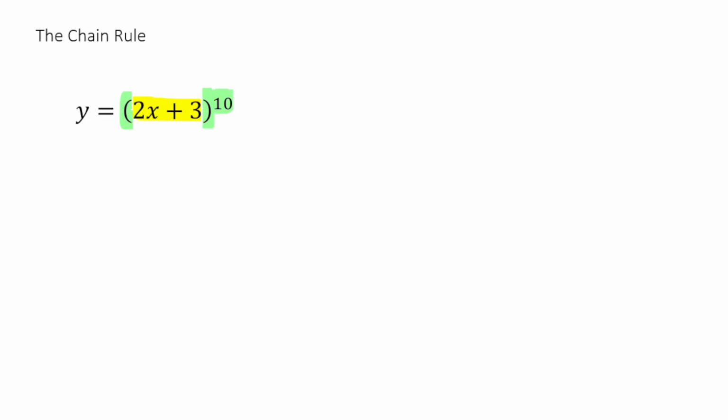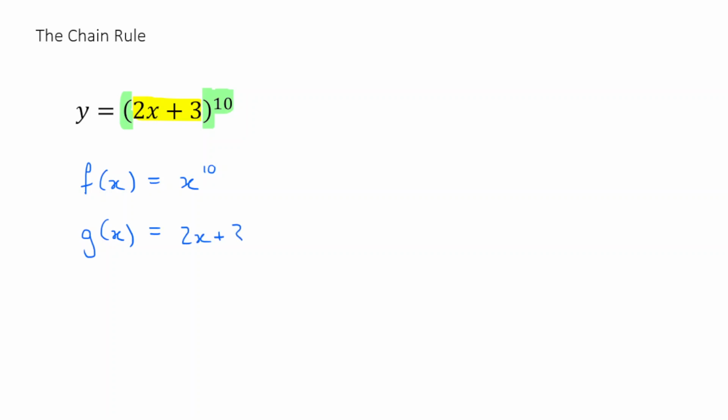So we've got a big function in green, and then a little function in yellow on the inside. If you're not sure about that, what I'm trying to say is this. Imagine that we've got a function f(x), and f(x) is the function x to the 10. We know how to differentiate that function already. That's fairly straightforward. And then we have another function, g(x), which is equal to 2x plus 3.